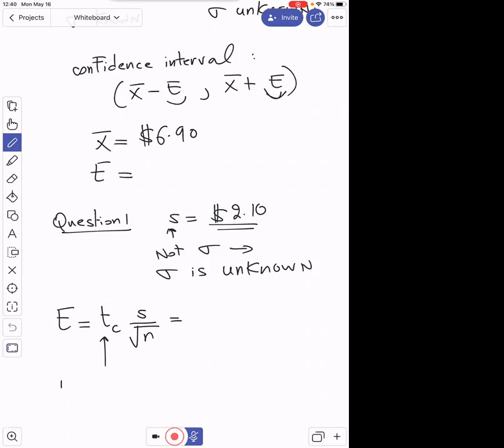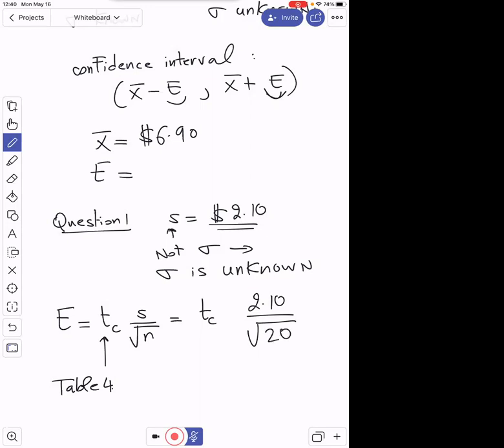Well, this is from table number 4. The S is given: $2.10 over square root of N. We have a sample of 20 receipts, so that's square root of 20.